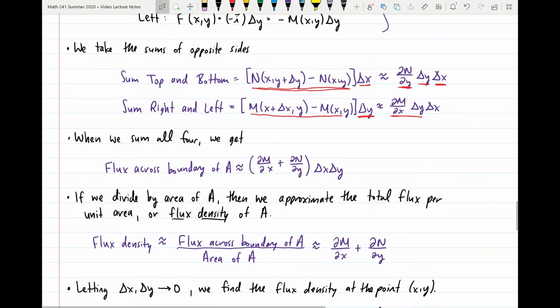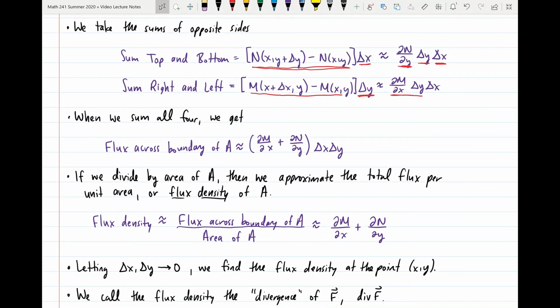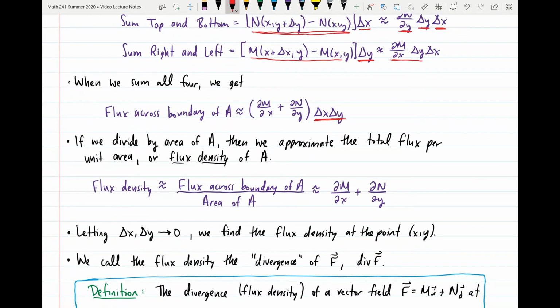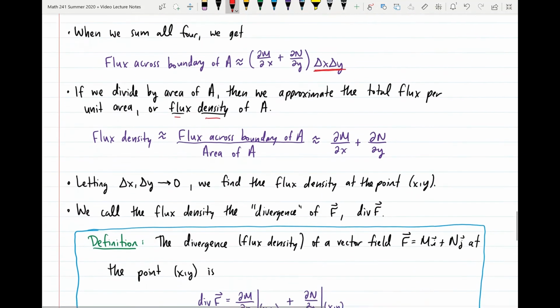And when we sum all four of our boundaries together, we get an approximation for the total flux across the boundary of A. So it will be approximately the partial derivative of m with respect to x plus the partial derivative of n with respect to y, multiplied by delta x delta y. And if we divide by the area of A, then we approximate the total flux per unit area, or the flux density of A. So this is kind of the intuitive definition of flux density.